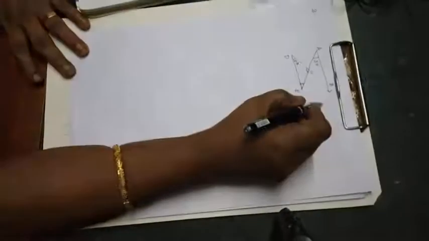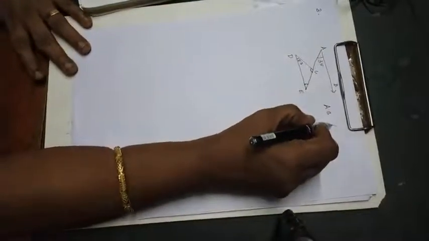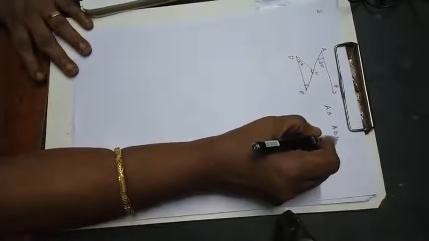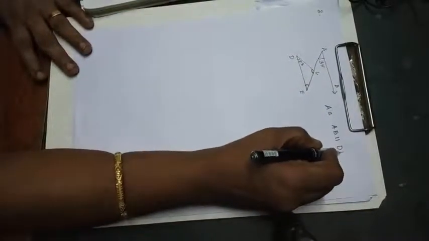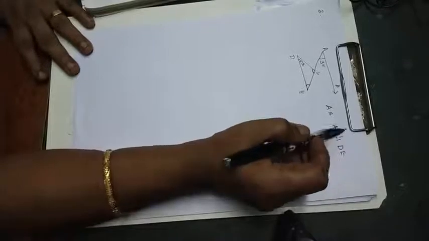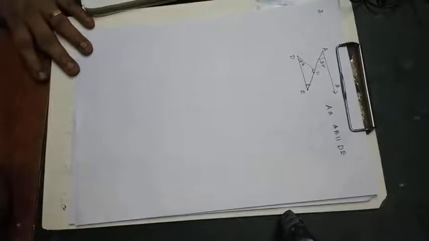So alternate angles are equal. So if it is 35, this also will be 35. Why? Because AB is parallel to DE. So start as AB is parallel to DE, 'since' only you can write. Okay, no need to write in words.